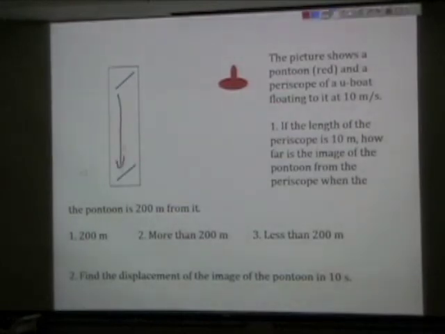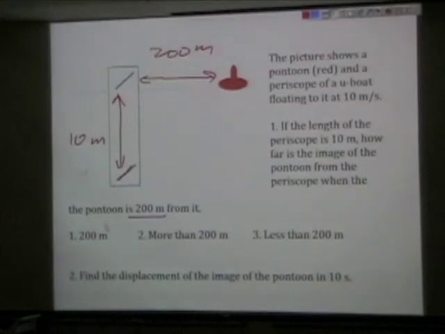This distance is 10 meters. The distance between the object and this mirror is 200 meters. How far is the image away from this mirror of the periscope?